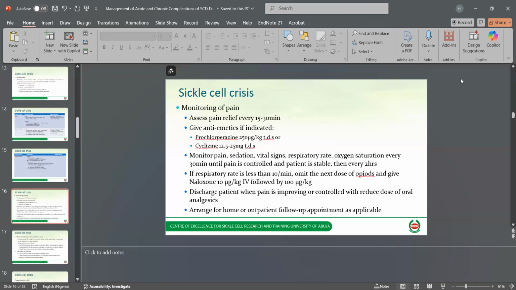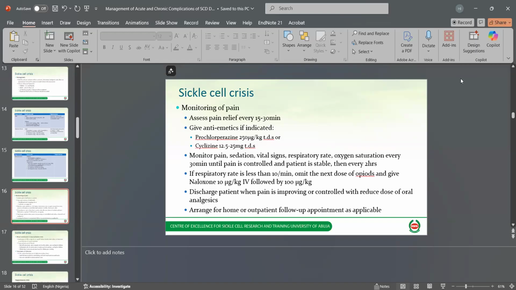Monitor pain, sedation, vital signs, respiratory rate, because we know that morphine suppresses respiration. Oxygen saturation every 30 minutes should be monitored until pain is controlled and the patient is stable.